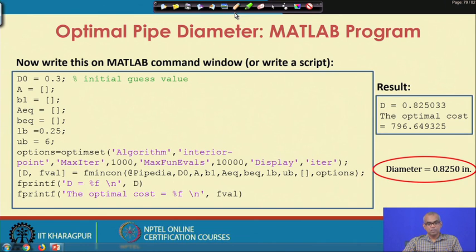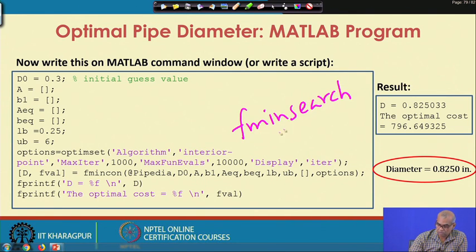And next, again we solved a single variable unconstrained problem, but this time we solved using fmincon. So, you can also solve this problem using fminsearch. And I will suggest that you solve this problem using fminsearch as well and compare the results.